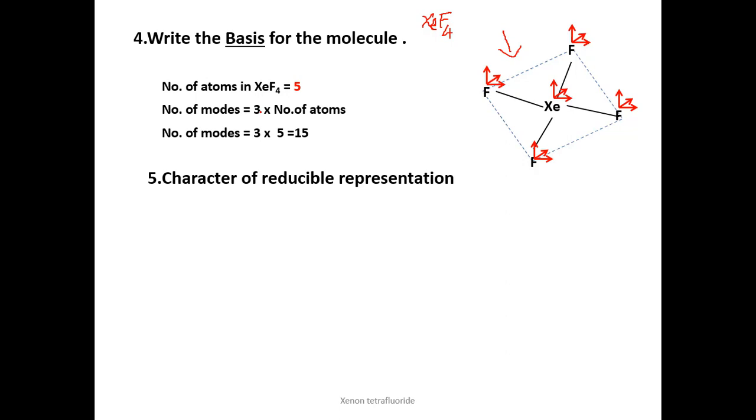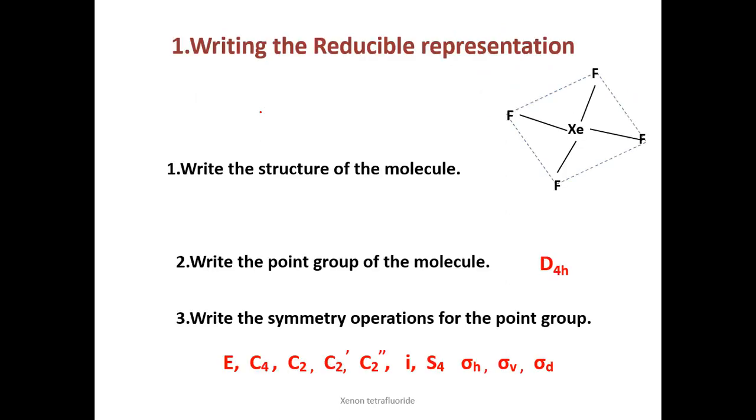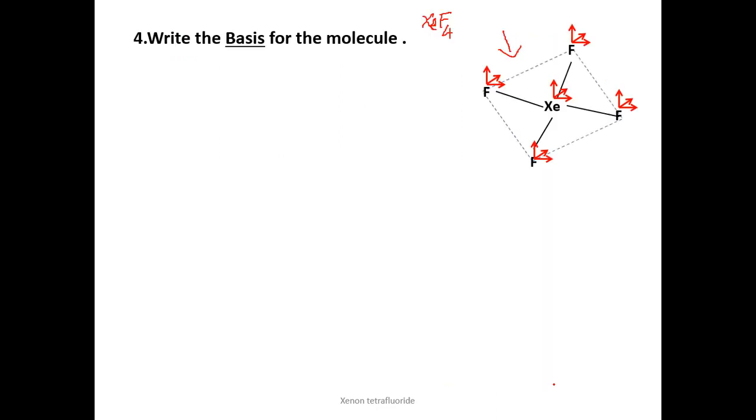Next, we come to the character of the reducible representation. It is calculated by performing the various symmetry operations on the basis. When we say various symmetry operations, what we mean is the symmetry operations which were given previously: E, C4, C2, C2', C2'', i, S4, sigma h, sigma v and sigma d over this basis.